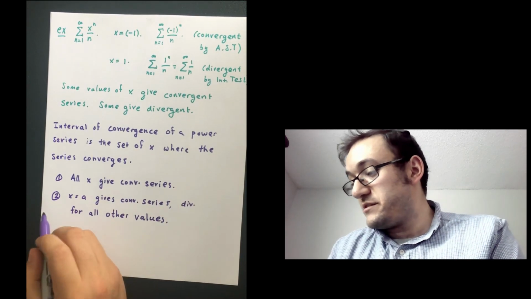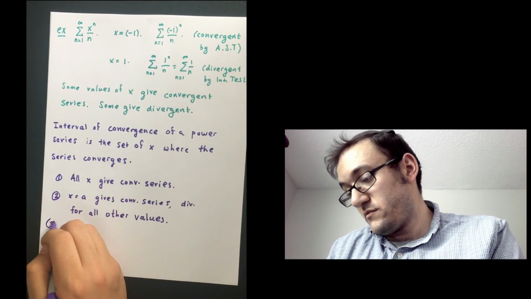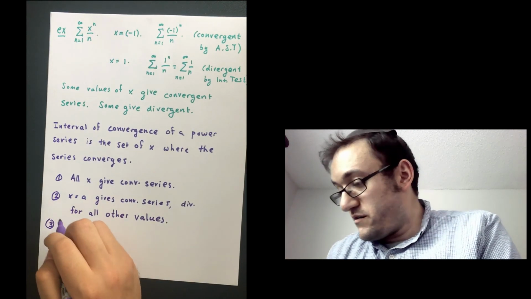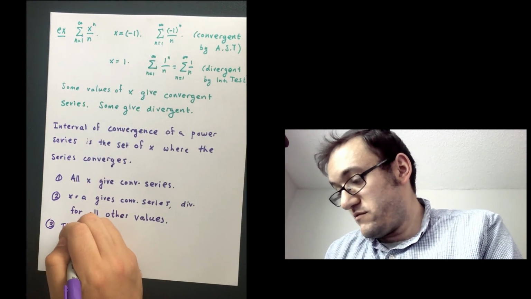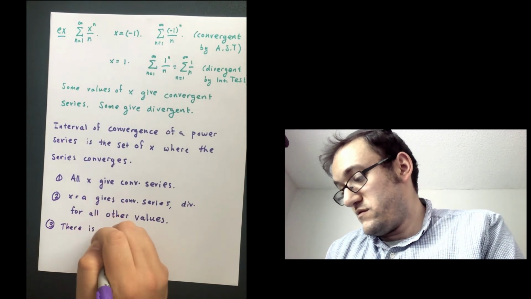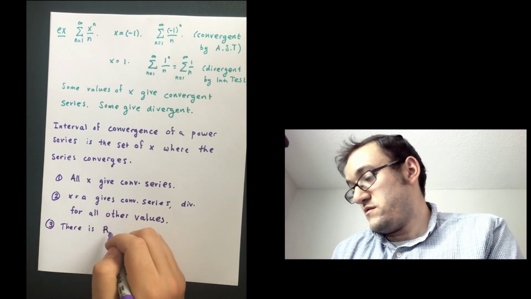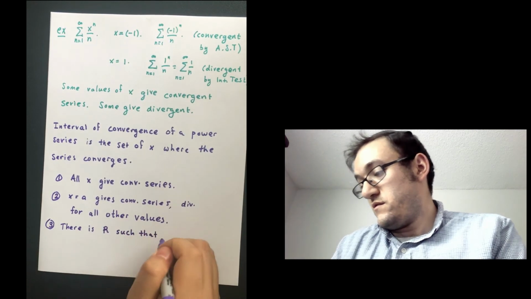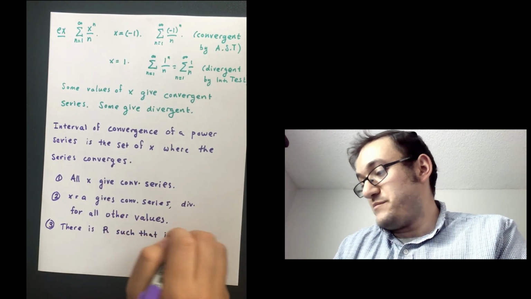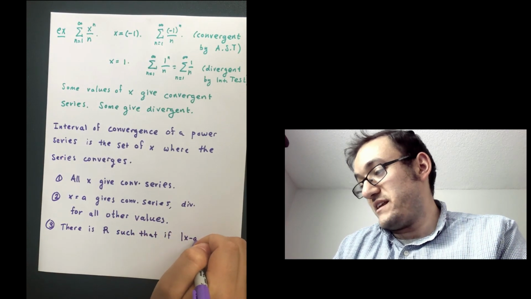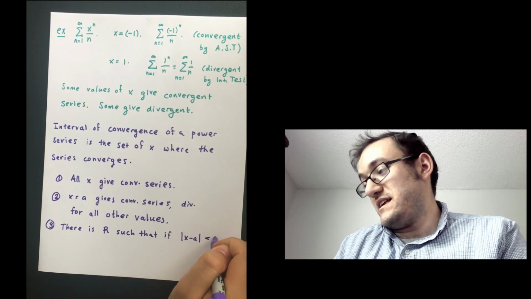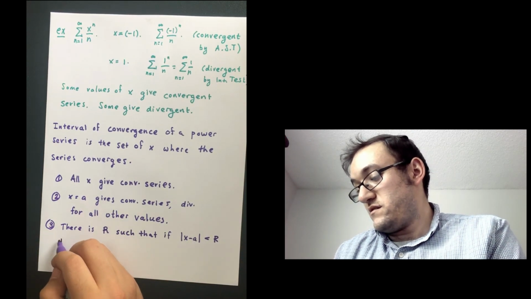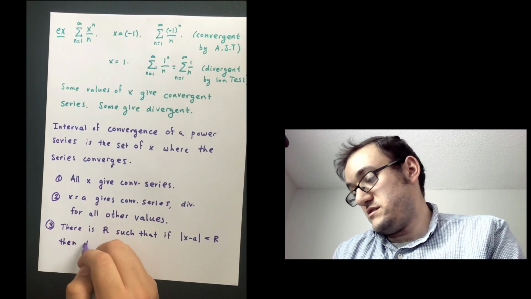And the third option is that there's some number r such that if the absolute value of x minus a is less than r, then the series converges.